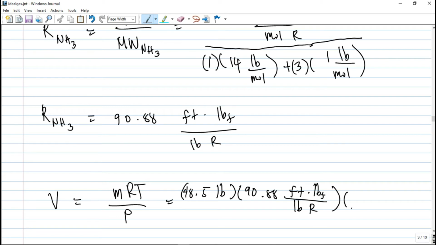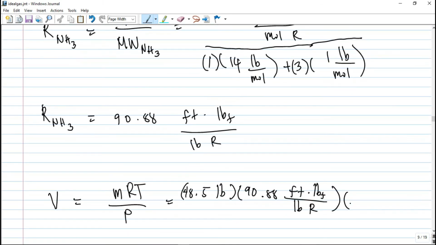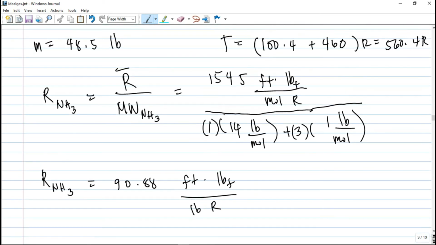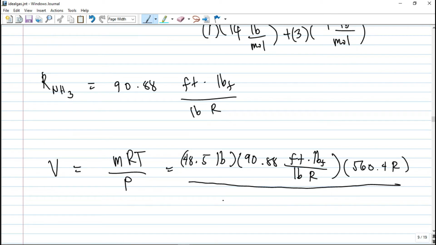Then temperature natin is given as 560.4 Rankine. So that is divided by the pressure. So yung pressure natin is 60 psi. Okay, so divided by 60 pound force per square inch.